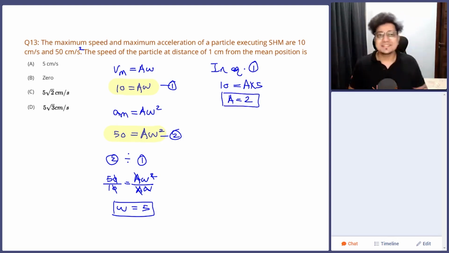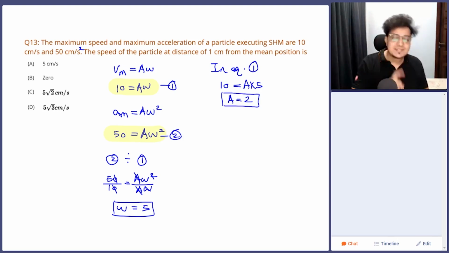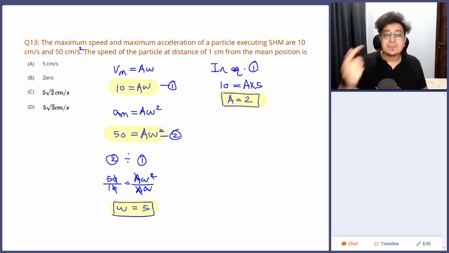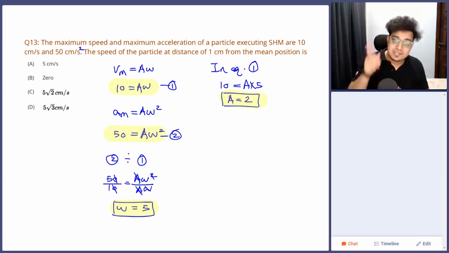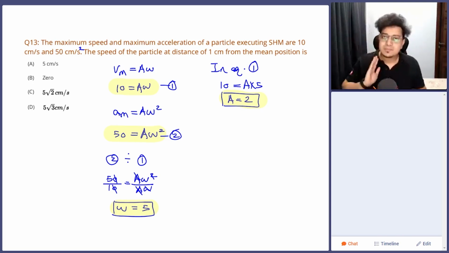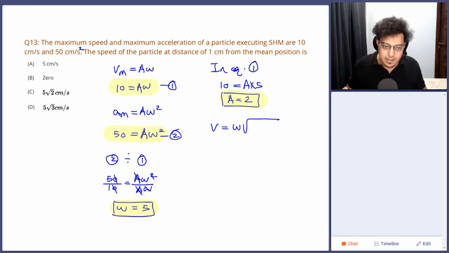Now let's see what is asked in the question. By knowing these two things, we could find out omega very easily, and amplitude very easily. Now let's come back to the question. What we have to find out is the speed of the particle, which is doing simple harmonic motion, at a distance of 1 centimeter from the mean position. Speed means magnitude of the velocity, so it will be omega root of A square minus X square. Omega value is 5, under root of A value 2 square minus X value 1.